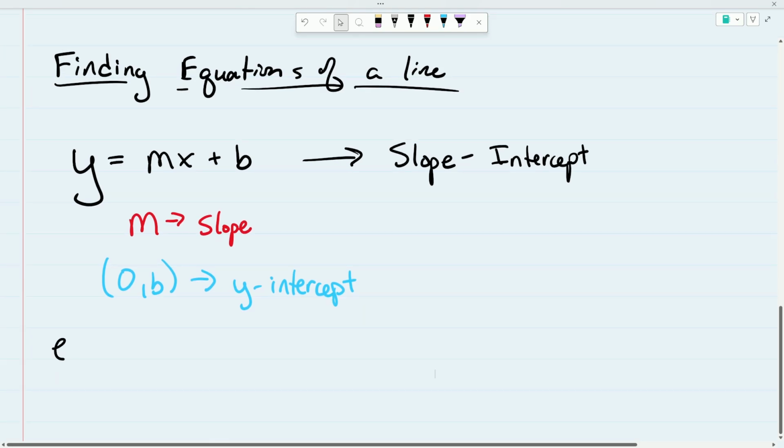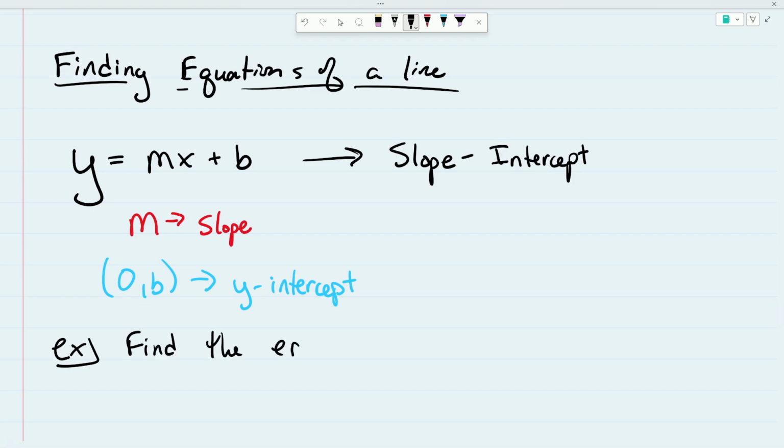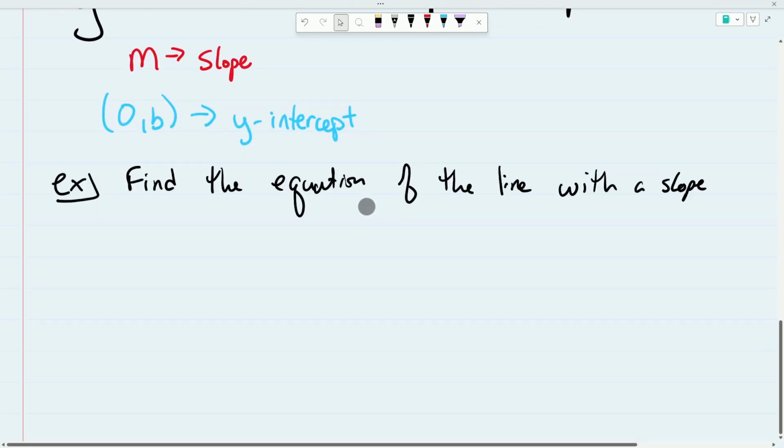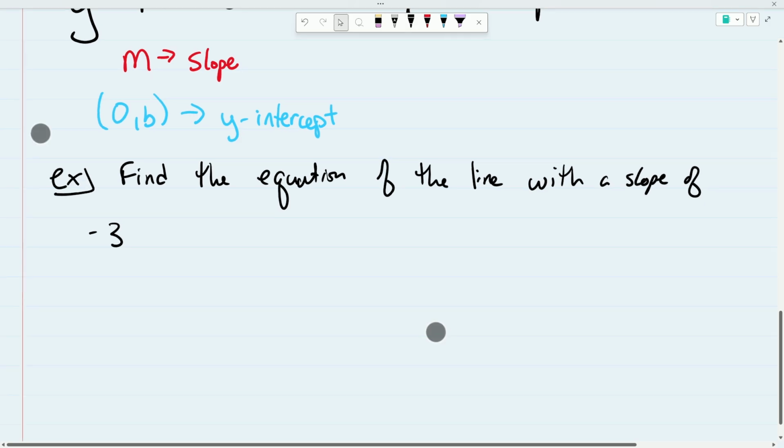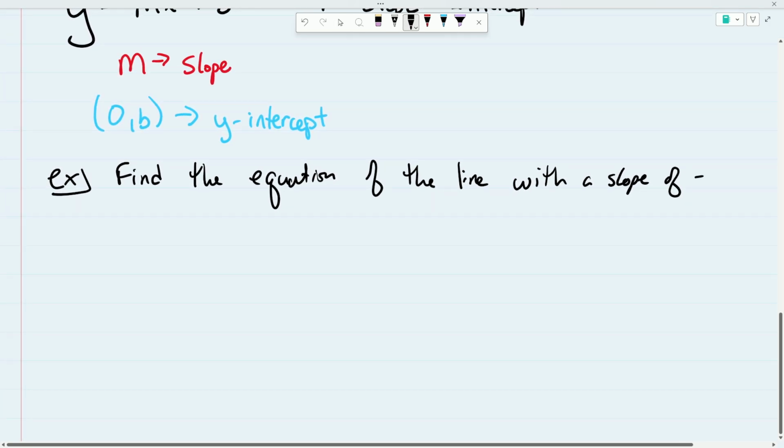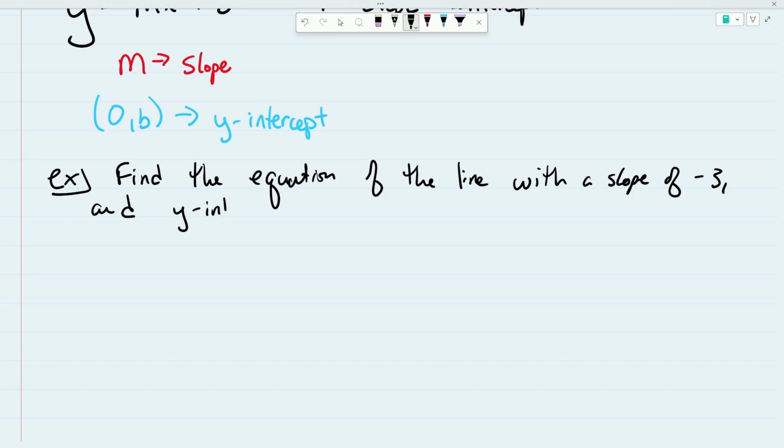Now, an example of something like this would be: find the equation of the line with a slope of -3 and a y-intercept 0 comma -7. I'll zoom out here a little bit so it's all written on one line.